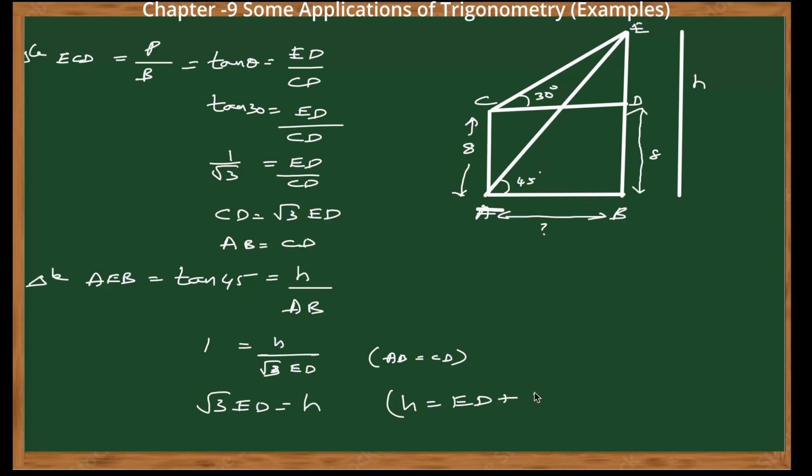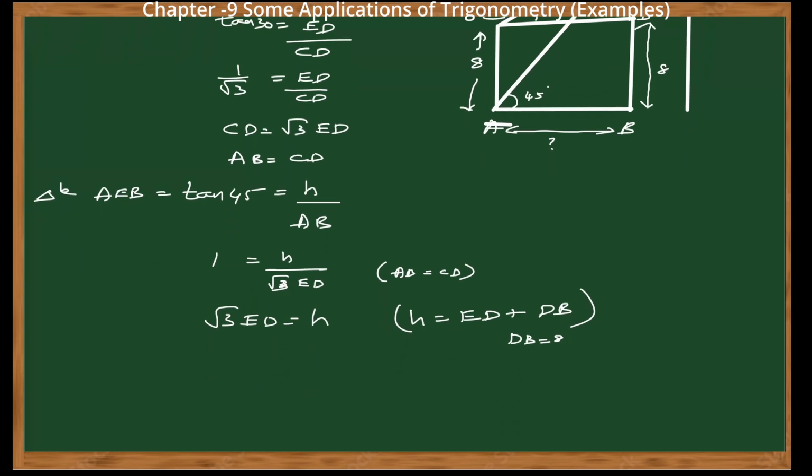plus DB. And we know the value of DB. DB is equal to 8. Let's substitute it here. So root 3 ED is equal to H, which is nothing but ED plus 8.